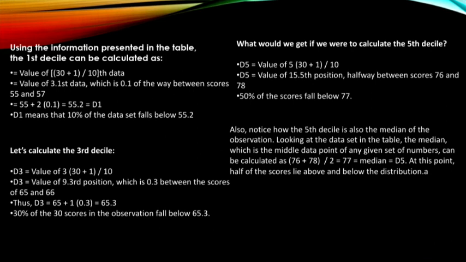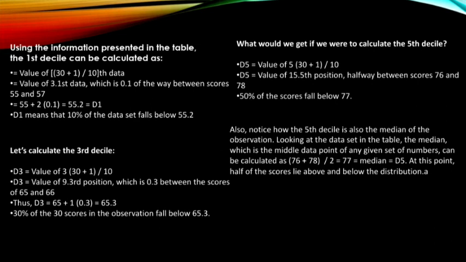So, let's take the first decile, which is equivalent to the value of (n+1)/10th data. Let's take the value of n as 30. D1 is equal to the value of (30+1)/10th data.